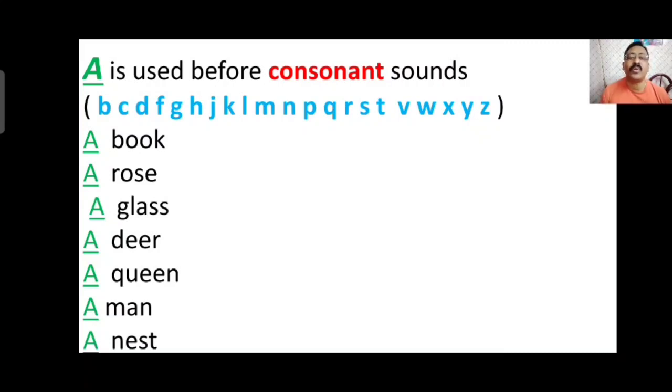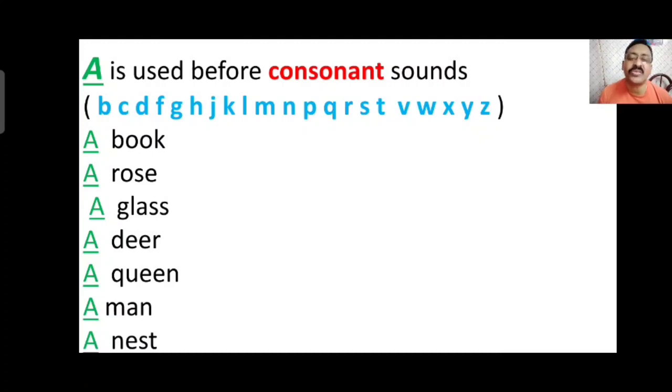A book. B is a consonant letter, so A is used before it. A rose. R is a consonant letter, so A is used before it. A glass. G is a consonant letter, so A is used before the word glass. A deer. D is a consonant letter, so A is used before it. A queen.